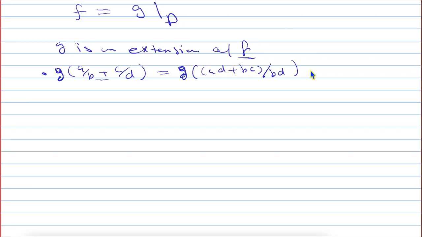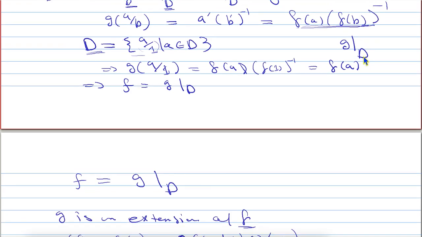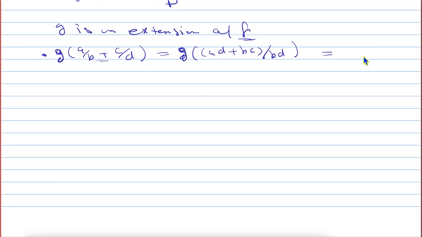And from our definition of G, this equals F of AD plus BC into F of BD, and this is, of course, inverse.